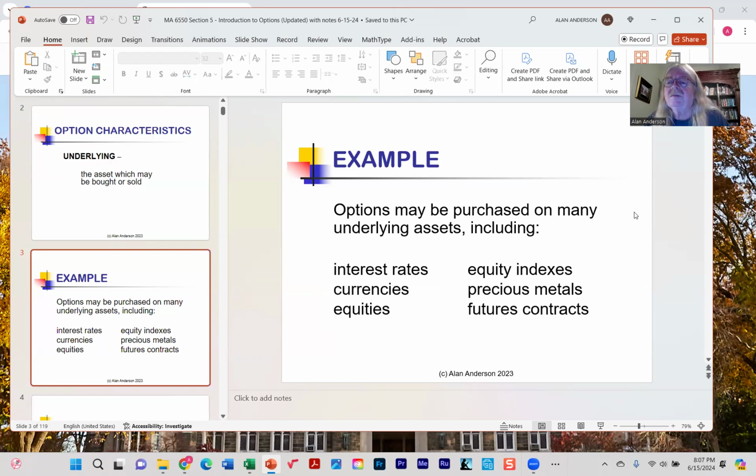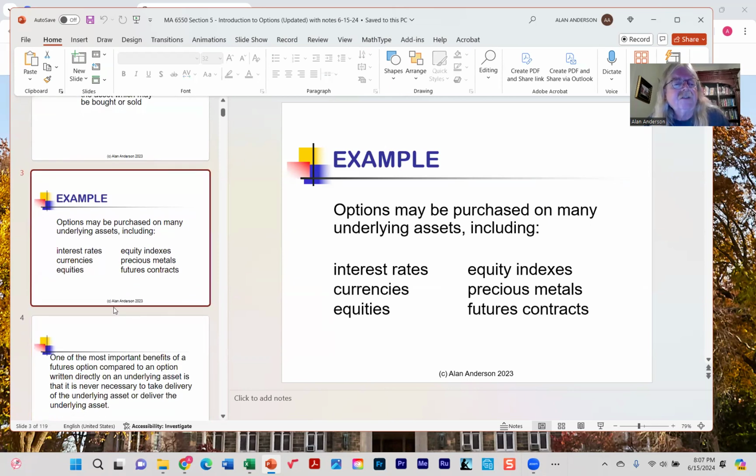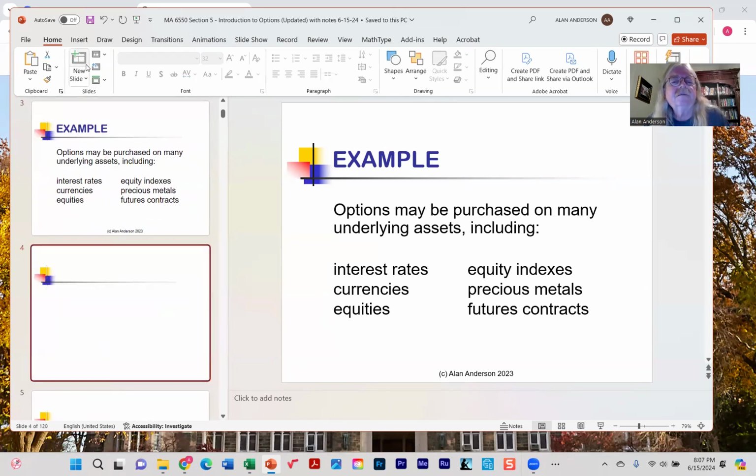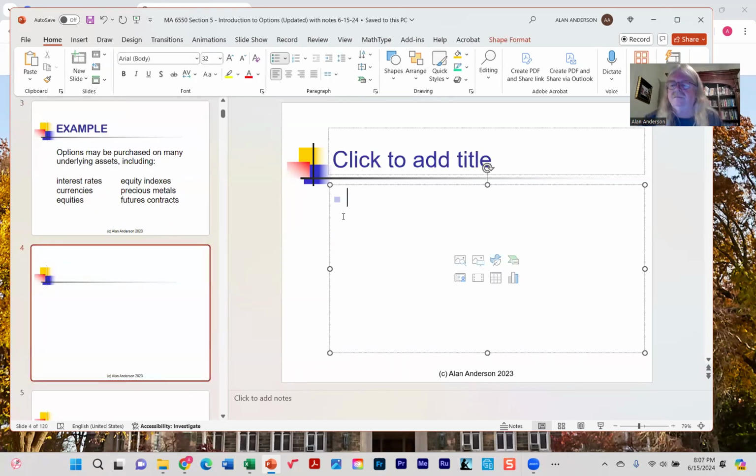Well, if you own an option, let's say I buy an option to enter into, actually, let me sneak this in here. It is possible to buy an option on a futures contract.